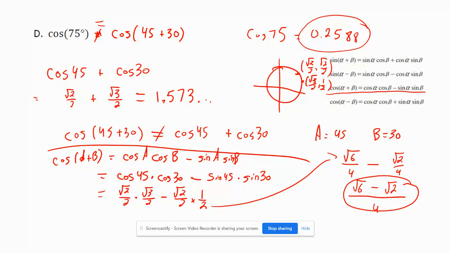Square root of 6 minus square root of 2, divided by 4, indeed equals 0.2588... So these are in fact equal, but this is the exact value for cosine of 75.